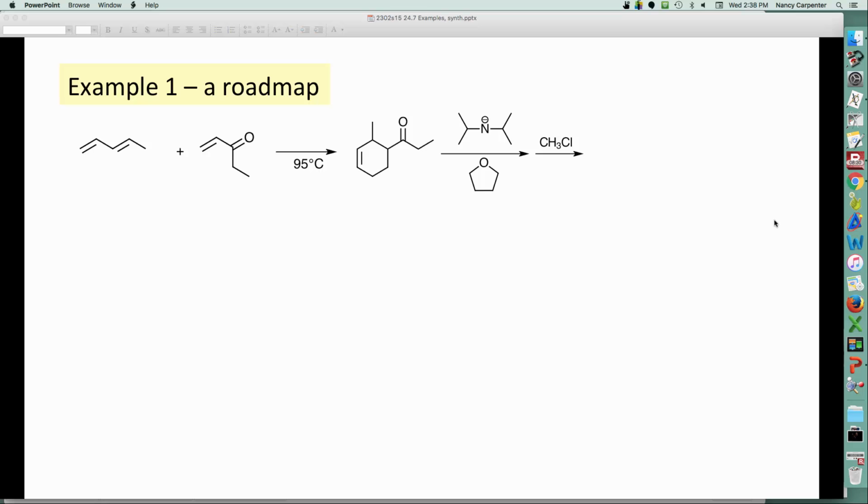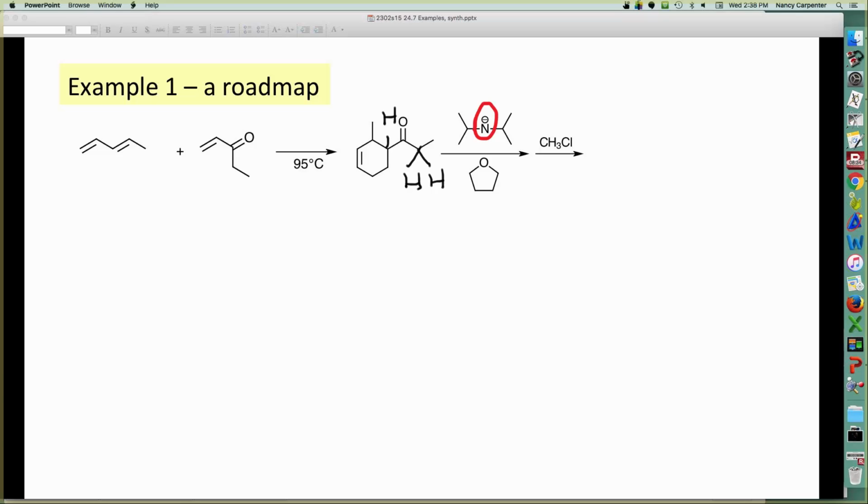Now we are adding what looks to me like a very strong nucleophile slash base, and it is just regular conditions. I need to find an acidic hydrogen. Aha! I have a ketone, therefore I can make an enolate.